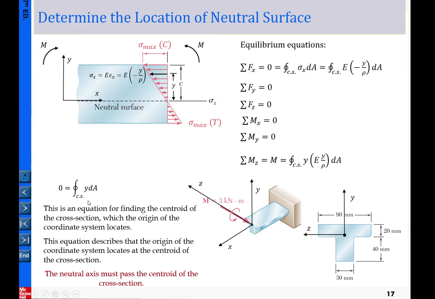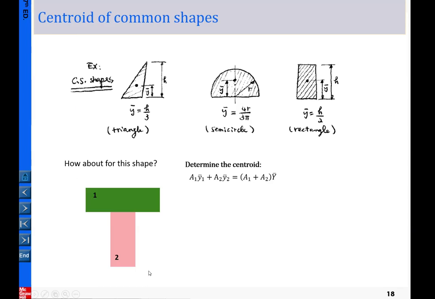Based upon this equation, we can calculate the location of the neutral axis. Here is a review of what you learned from statics. For common shapes, the centroid of a triangle is 1/3 of the whole height measured from the bottom. For a rectangle, it is located at the geometric center.